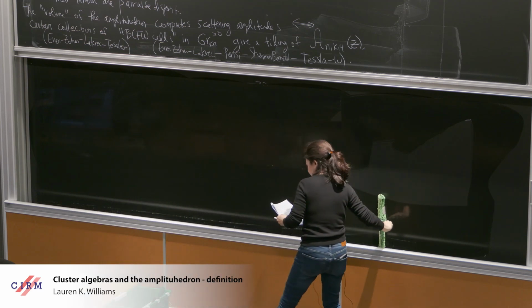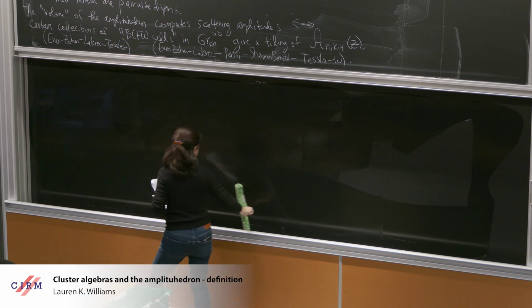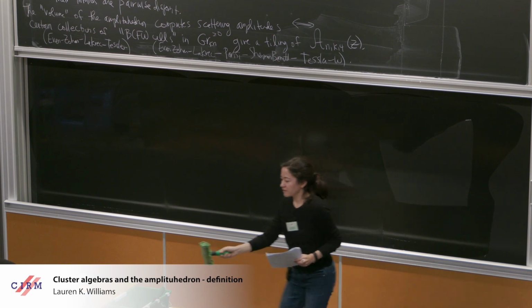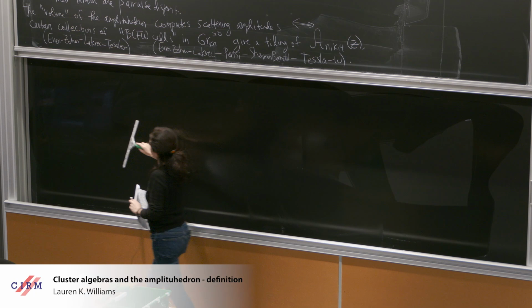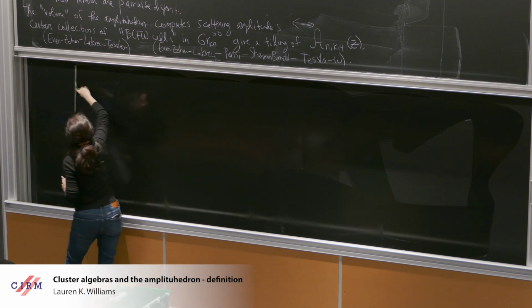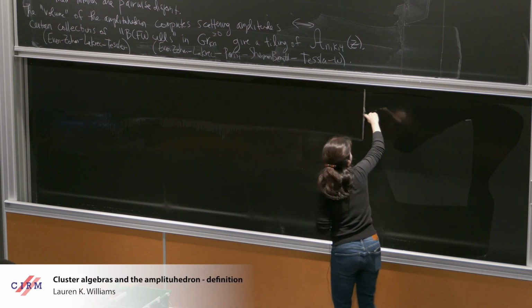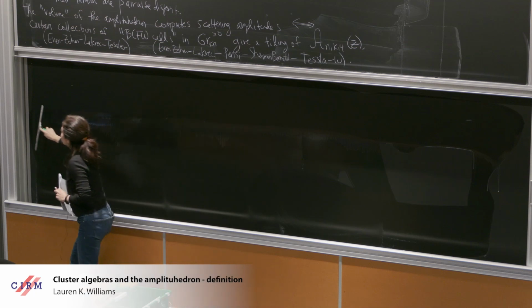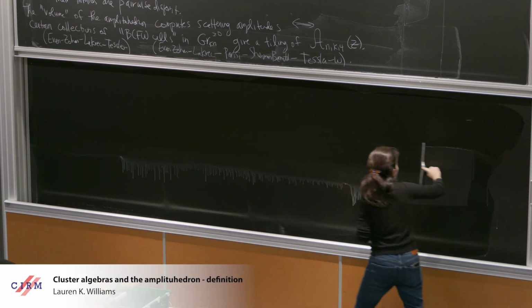Okay, so next I want to define cluster algebras, because cluster algebras and cluster coordinates wind up being very closely connected to the study of the amplituhedron. In particular, the m=2 amplituhedron is very closely connected to the cluster structure on the Grassmannian of two planes in n space.